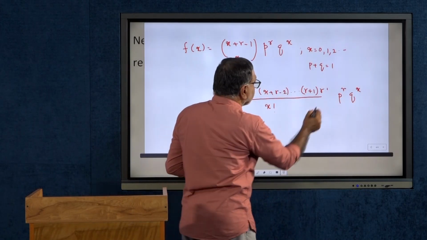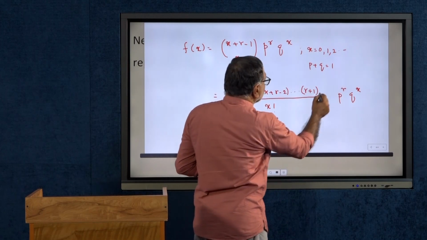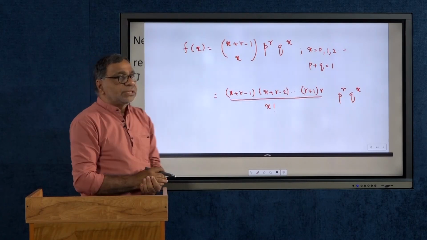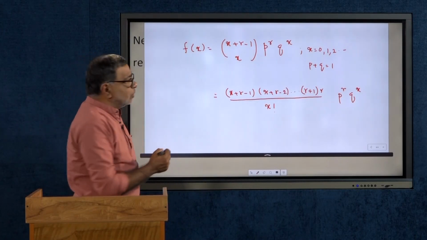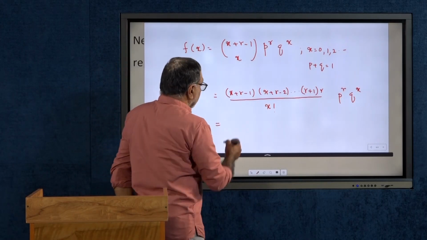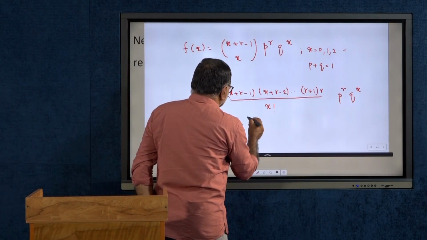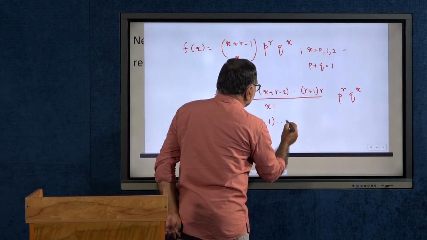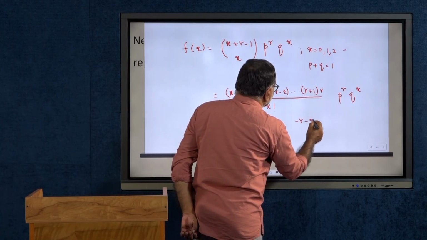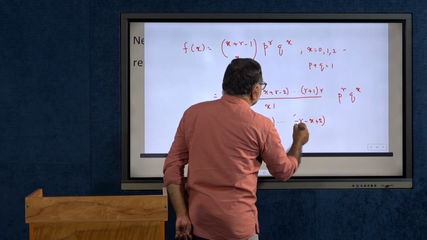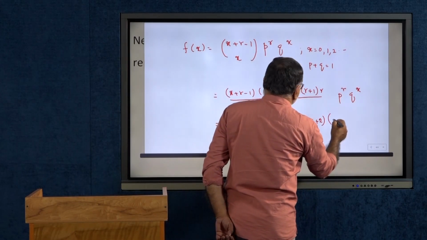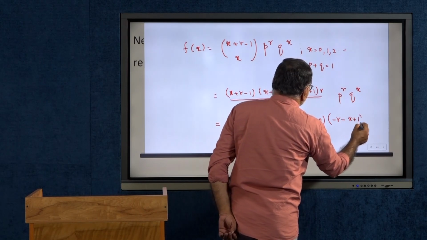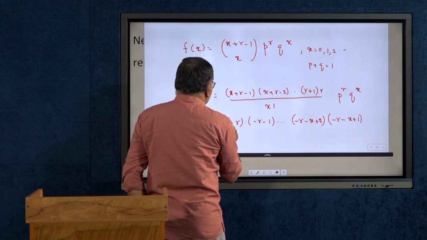So when x plus r minus 1 C x is simplified, we have this value, and let me write this value as minus r into minus r minus 1 into etc., minus r minus x plus 2 into minus r minus x plus 1, into minus 1 power x.